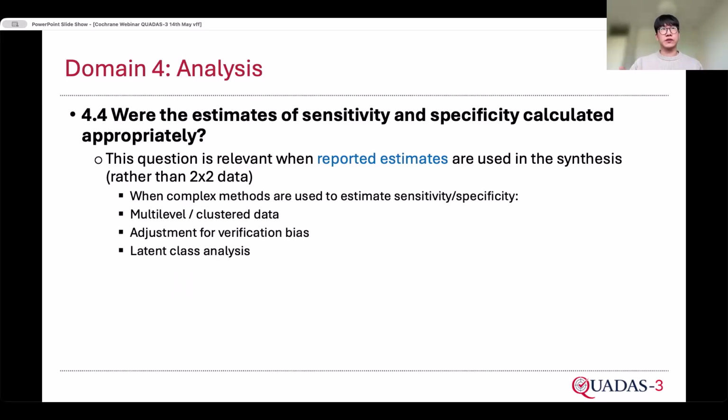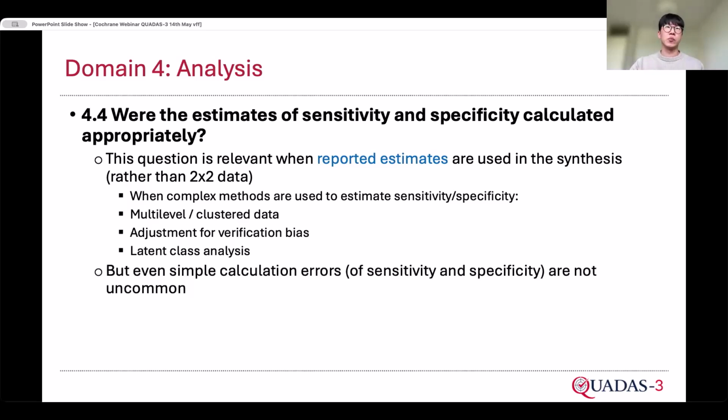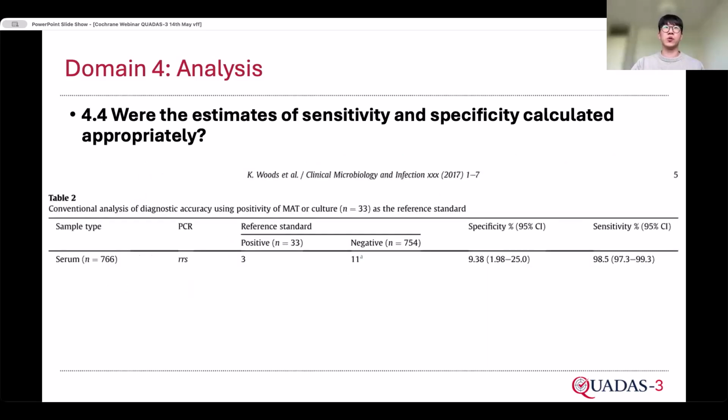So when these complex methods are used, you would probably like to extract the reported estimates as well. Of course, if you're not a statistician and you don't know what a latent class analysis is, it's probably a good idea to consult a statistician to assess whether the methods were applied correctly and whether the assumptions were valid. But even very simple calculation errors without these complex methods can often go in the wrong direction. For example, consider the following.